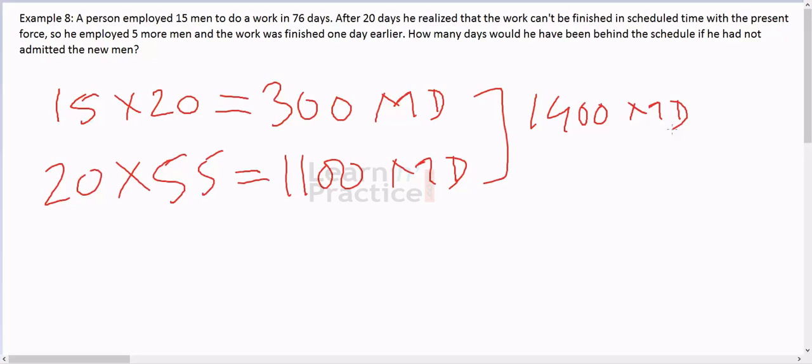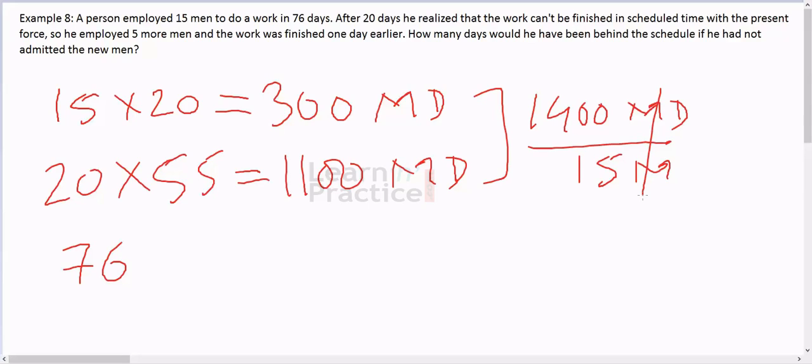So actually the target was to complete the work in 76 days. But he completed the work in 75 days with 1400 man days. If we divide these 1400 man days by the 15 men, the original force, we will get the total number of days, right?